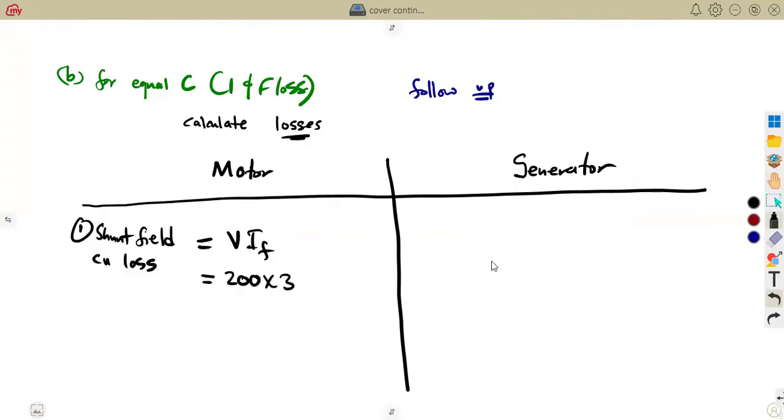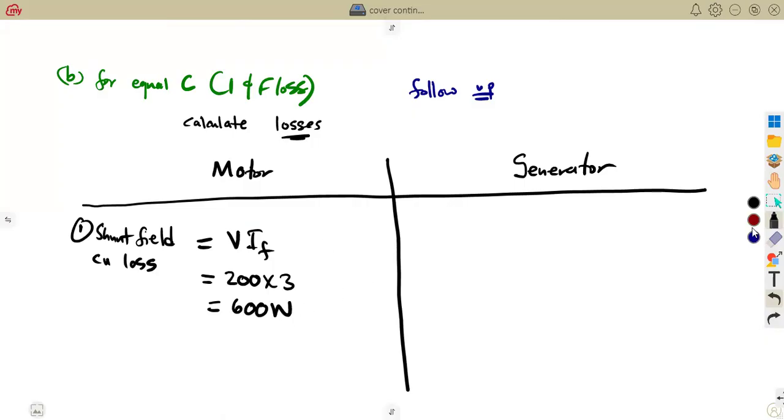That's why you see some use the letter M for the motor, and for the generator they'll use the letter G. That part is your own presentation. If you understand this is the motor, the field current that I'm using there is from the motor, you won't even go wrong. All right. So multiplying these two, we obtain 600 watts.